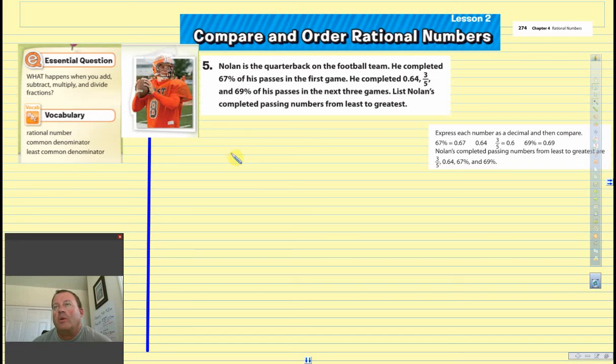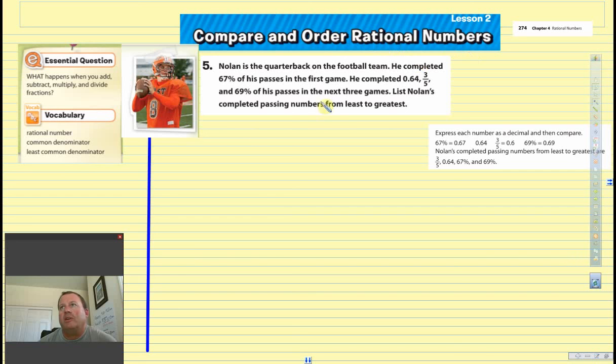Okay, so we got this quarterback here. His name is Nolan. Nolan is the quarterback on the football team. He completed 67% of his passes in the first game. He completed 0.64, 3/5, and 69% of the passes in the next 3 games. List Nolan's completed passing numbers from least to greatest. Okay, very similar to what we were doing before.